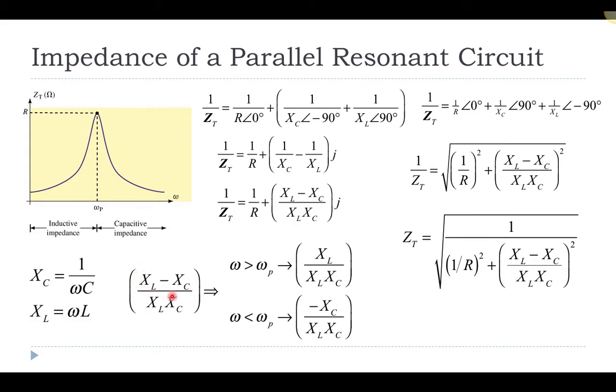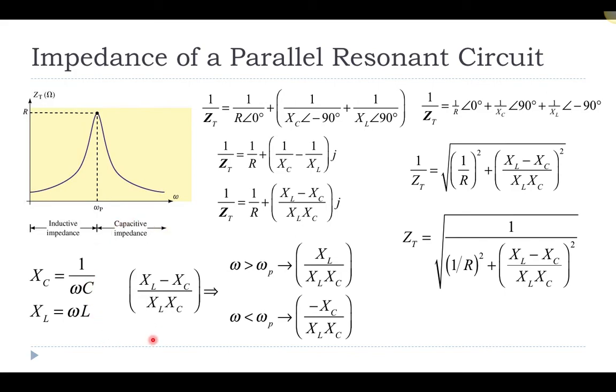So for all practical purposes in this expression, for very large angular frequencies, this number is significantly bigger than the capacitive reactance, and so I can ignore that piece, and I could write this as just the inductive reactance over the combination of those two values, and as I look at this, the inductive reactance cancels out. And so the only thing that's really important then is the capacitive reactance. In terms of higher frequencies, it's the capacitive impedance that actually dominates.